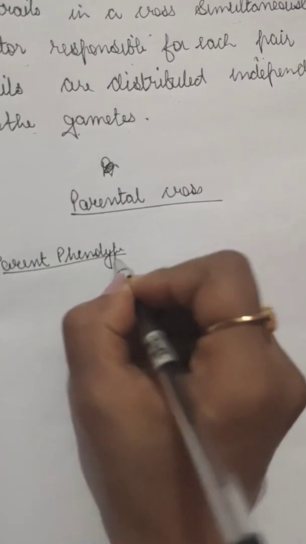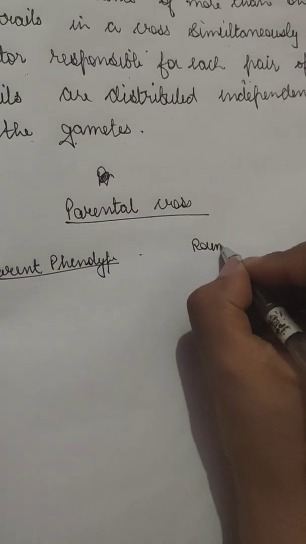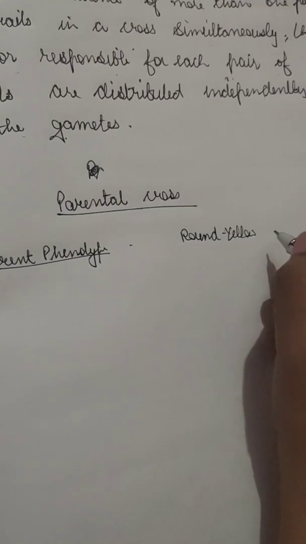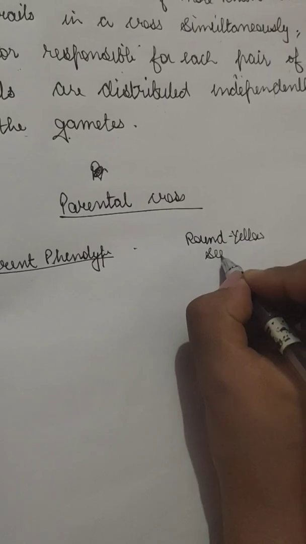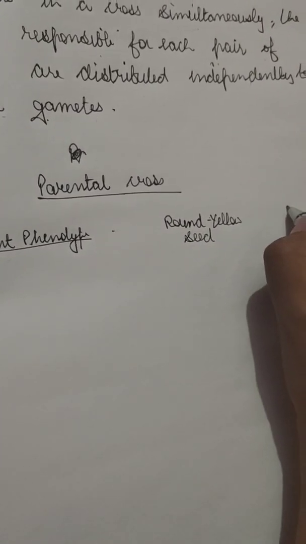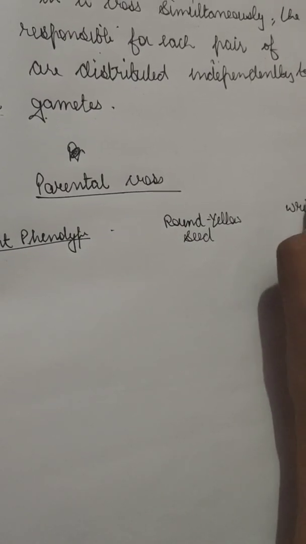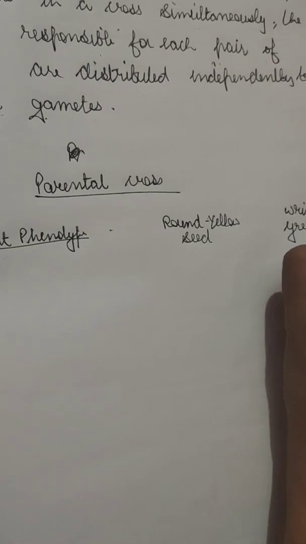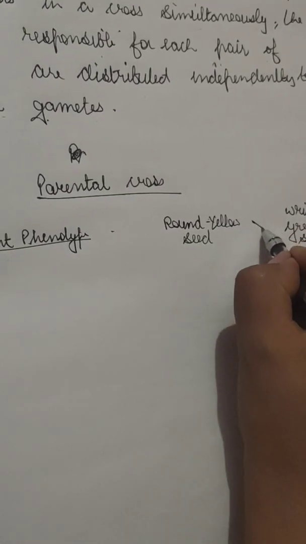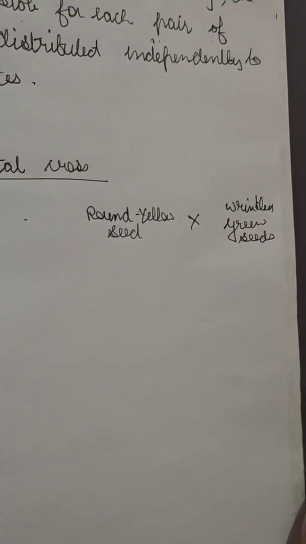So one parent is a plant having round yellow seeds, and the other is a plant having wrinkled green seeds. So these are crossbred. This is the main cross, round yellow seeds and wrinkled green seeds.